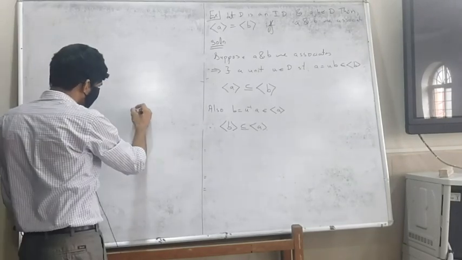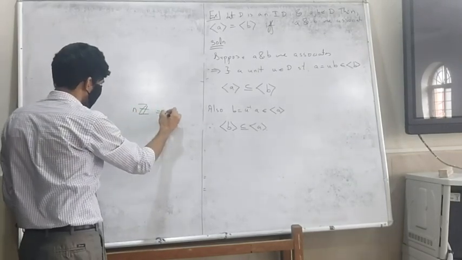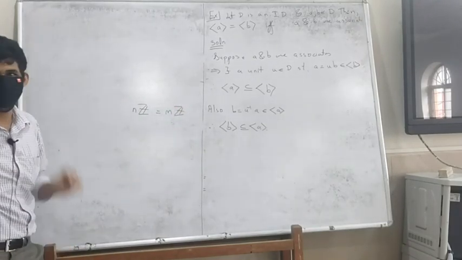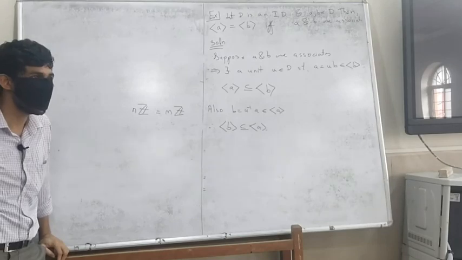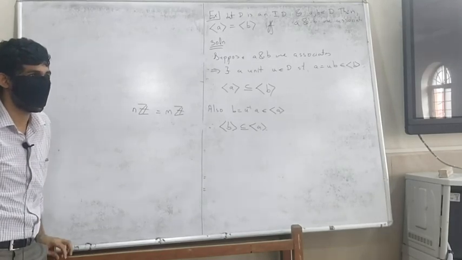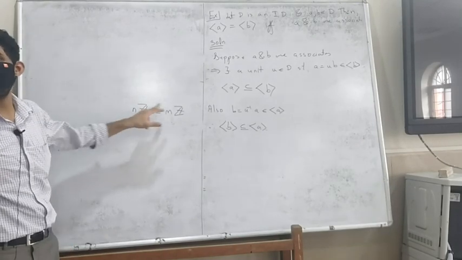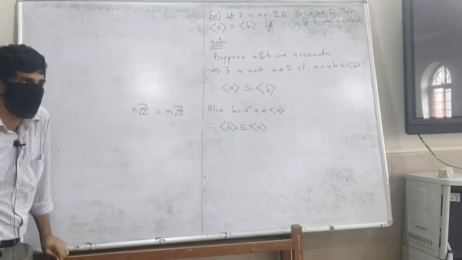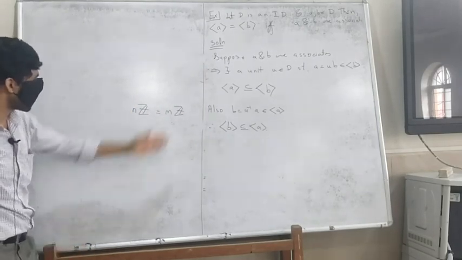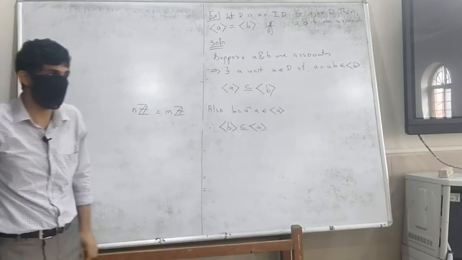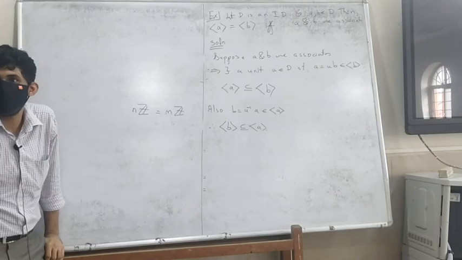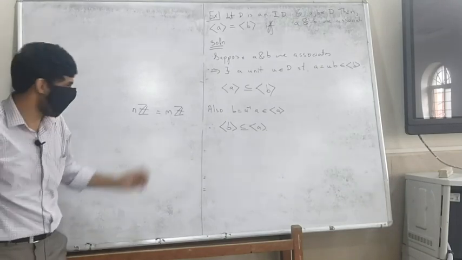When can nZ be equal to mZ? Any idea? How would you prove that? I mean, if we are proving it in general, then this should be something obvious, yeah? How do you prove it?